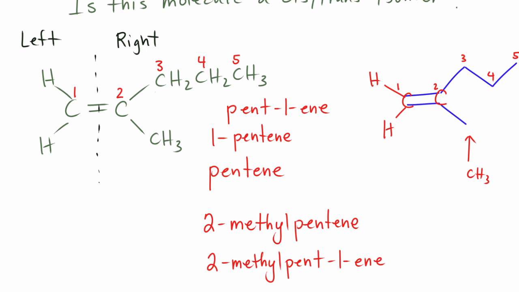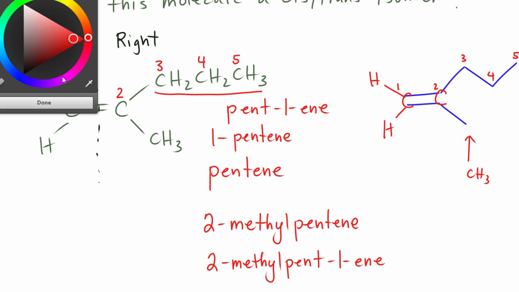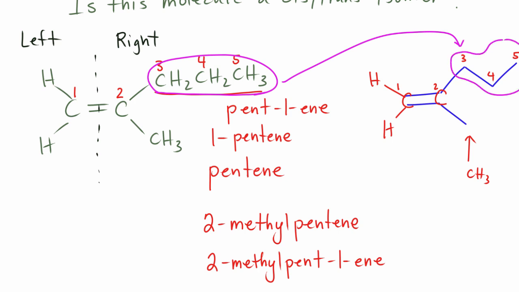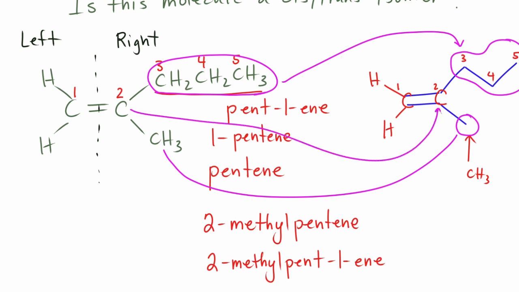Okay? So this whole thing, let's use another color. This whole thing is represented by this. Okay? And this CH3 is represented by that. And this carbon will be represented by that. This carbon will be represented by that.